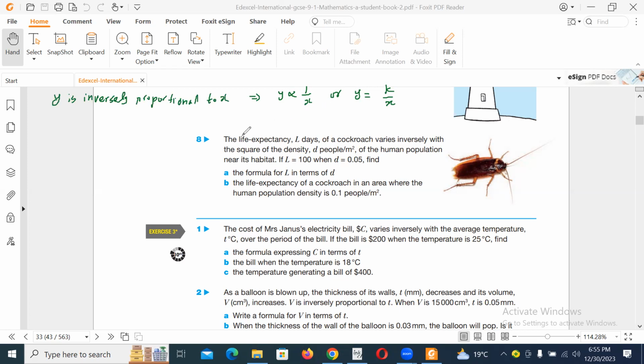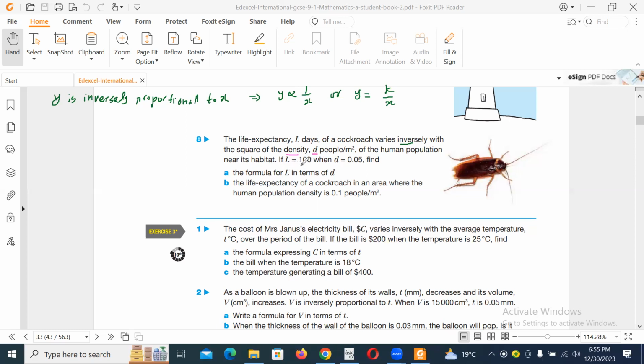And see what we have here. The life expectancy L days. So L represents the number of days of a cockroach, which varies inversely, it is mentioned in the question, with the square of the density. And for density, we will use D, okay? People per meter square of the human population near its habitat.